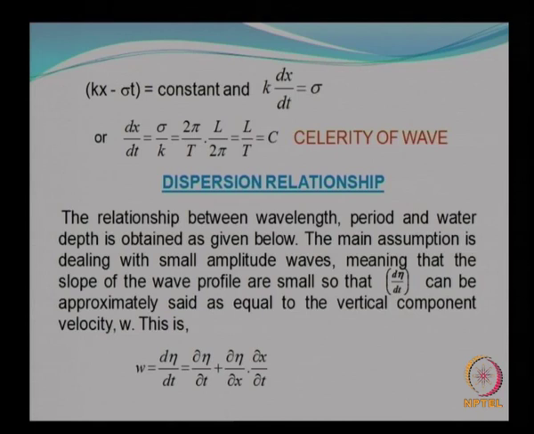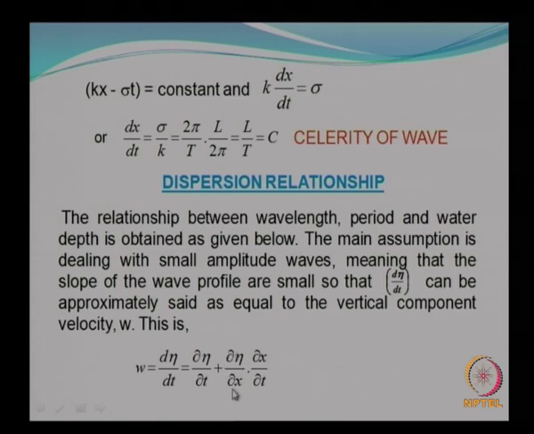Is that clear? I have the basic definition. Now the basic definition is right, but how can you split this total derivative? This total derivative can be split as dou eta by dou t, the partial derivative with respect to time, plus the spatial term.